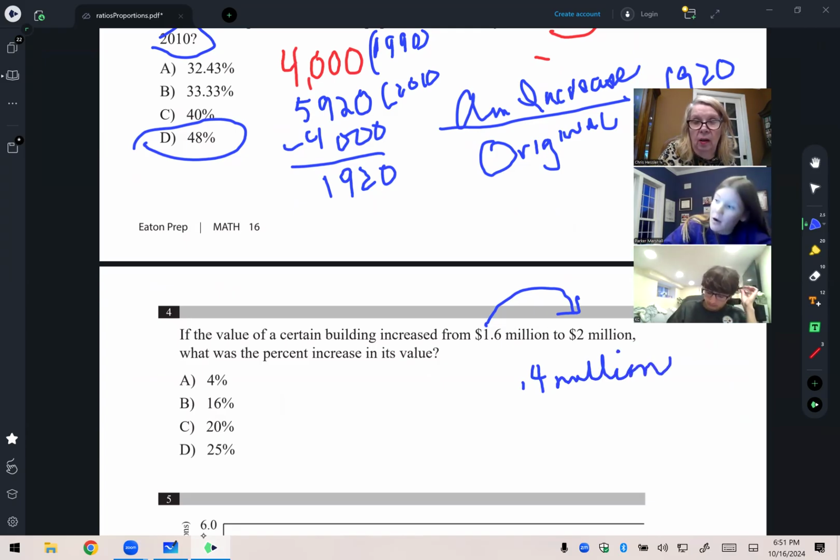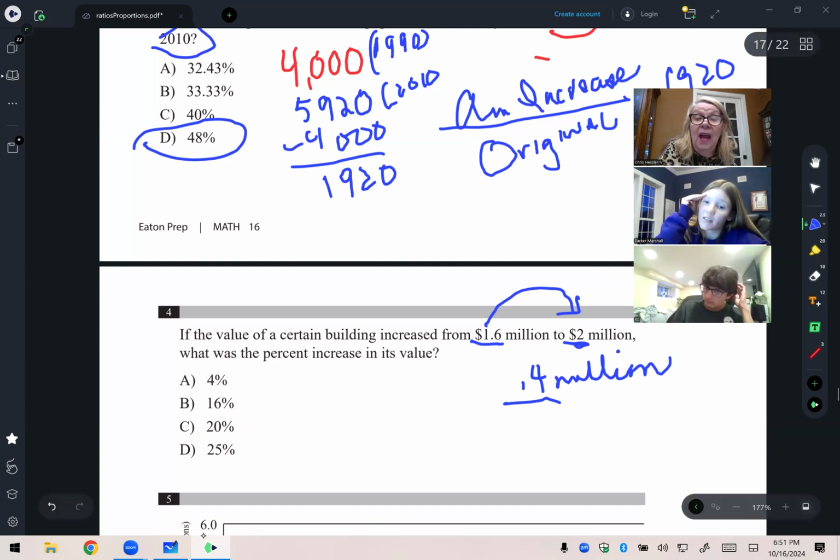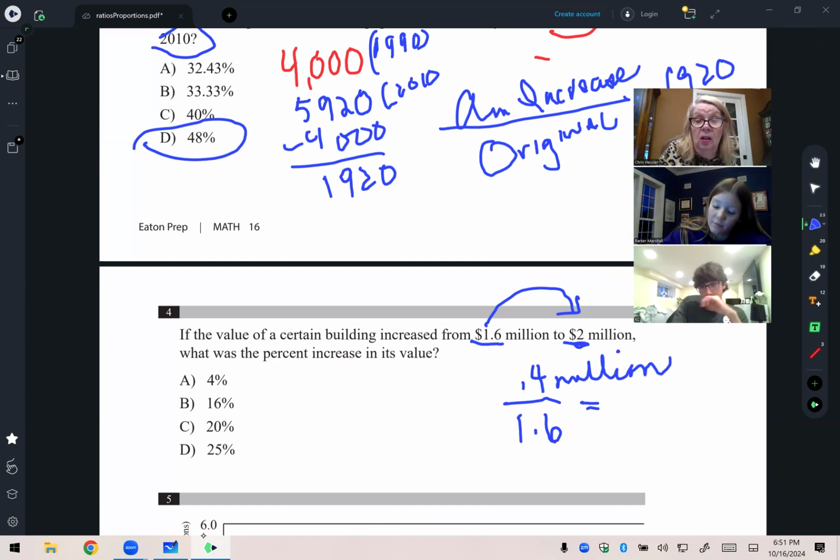So do I put it over the 1.6 or the 2, Parker? The 1.6, yes, because that's the original. That's very good. So it's 1/4 or 25%. Thank you, College Board, for 10 points.